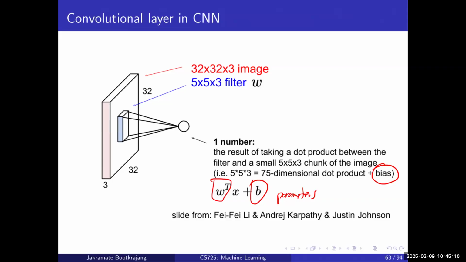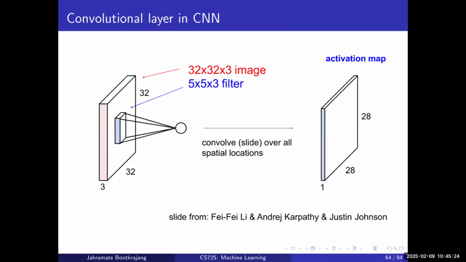So when you learn the parameters, you basically learn the filter. If you have a 32 by 32 image and your filter is 5 by 5, you will get 28 by 28, and then you have one depth, one channel, because you only apply one filter. So one filter will have one channel.